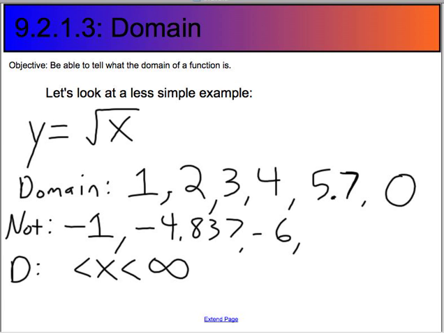So the last place that it works is 0. And to say that 0 does work, I put a line below so that I'm telling you that x could be equal to 0. It has to be bigger than it, or it could be equal to it. And then there's no upper limit, so I keep that less than infinity, which basically means no limit.